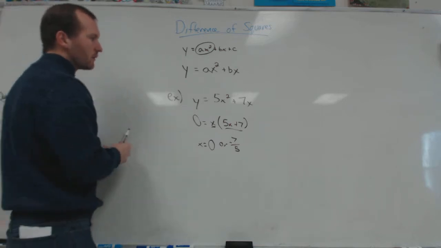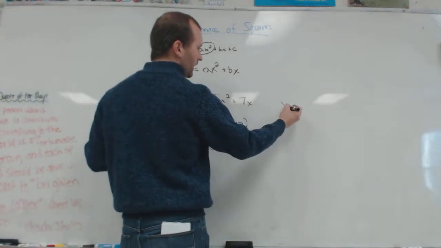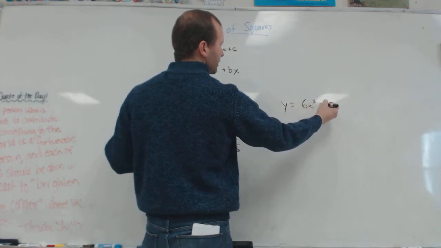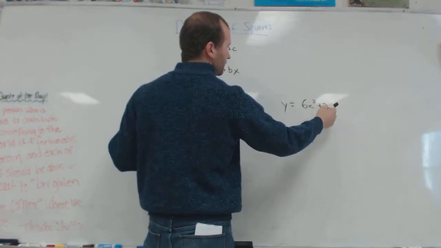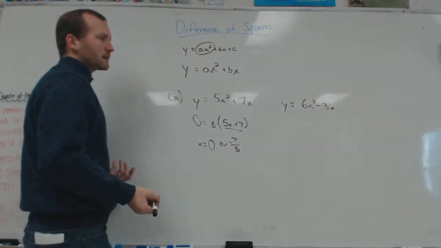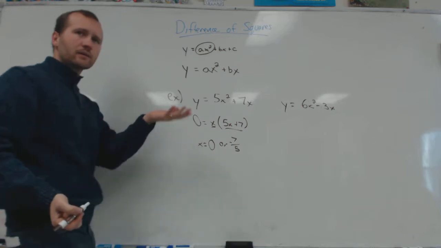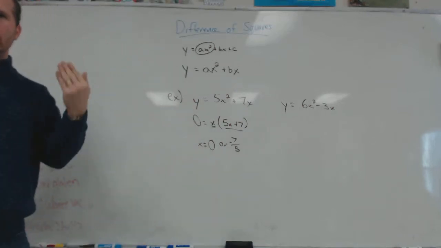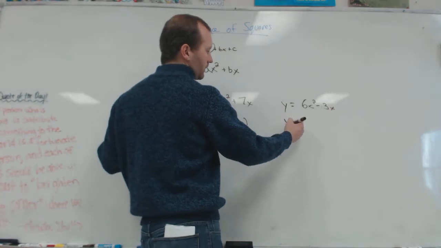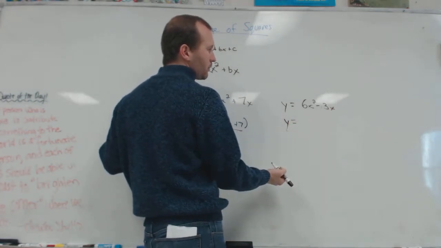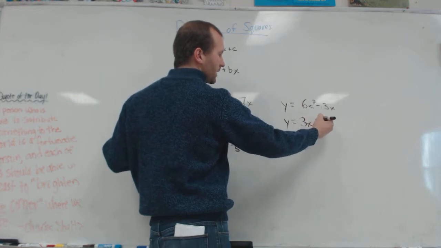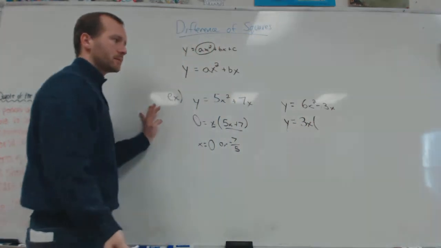Sometimes you'll have one like this where you can pull out more than just the x, and you should. So if I had 6x squared minus 3x, that's still a quadratic. It would still be a parabola, right? I can still find zeros for this. And so the way that I would factor this is to pull out the greatest common factor, 3x.